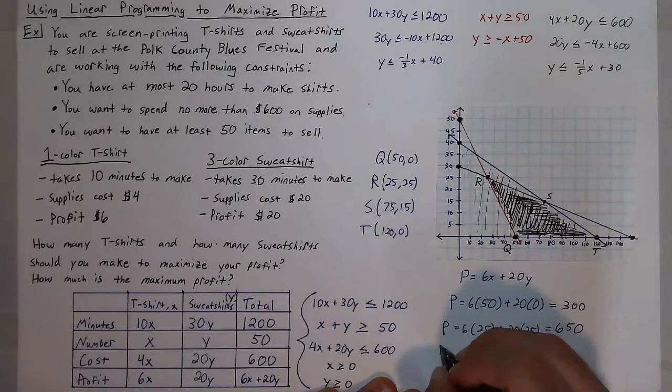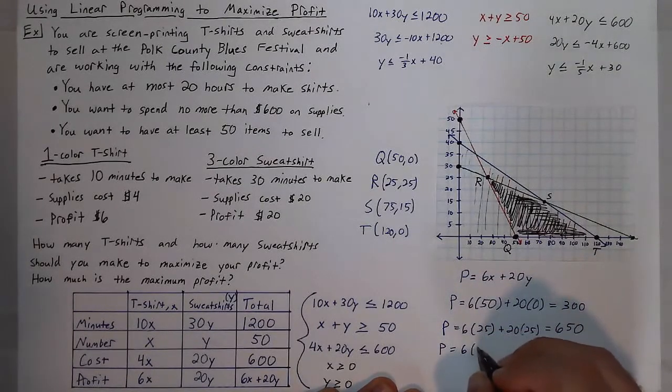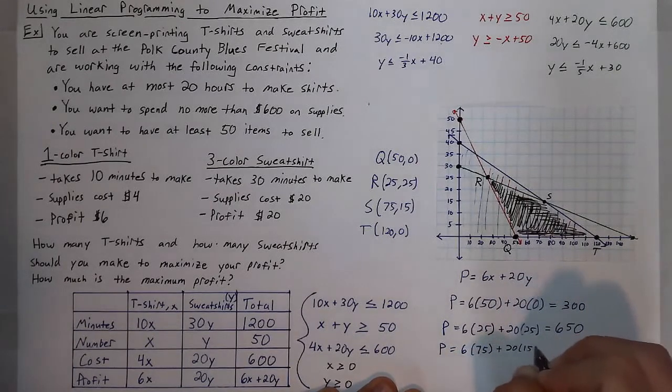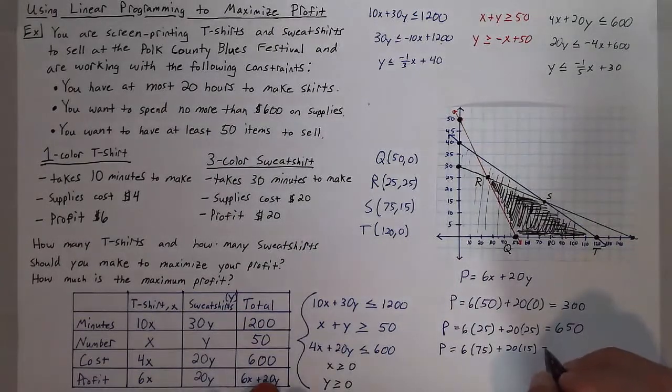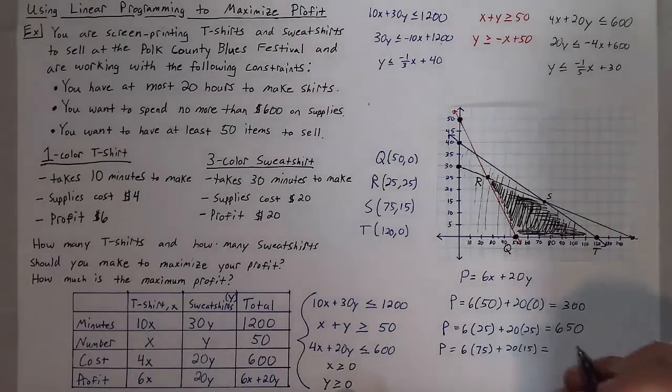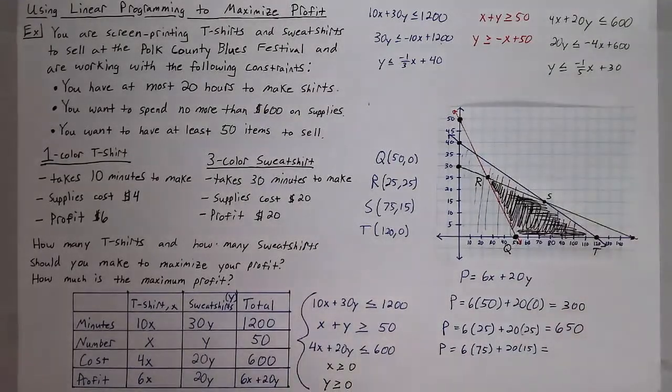Plug in point S, we'll have 6 times 75 plus 20 times 15. 6 times 75 will be 300. 20 times 15 will be 300 as well. So we'll have 600 there. I'm just going to double check my math.